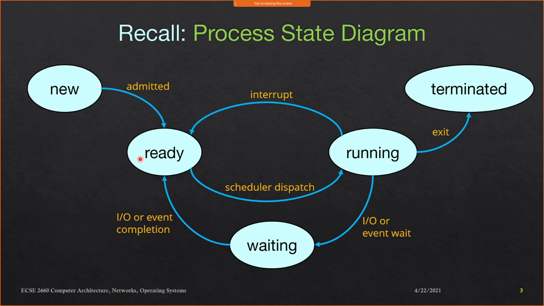That will put the process into a waiting state. All the time the process waits in the waiting state, it is essentially increasing its waiting time. And if that particular operation is completed, it goes to the ready queue, and again it is waiting for a processor. The other thing that can happen in the running state is that the process may complete and move to the terminated state. So this is the process state diagram we looked at in the previous class.